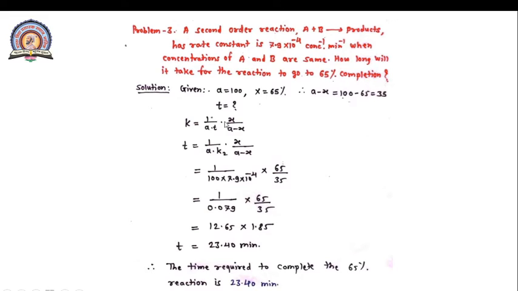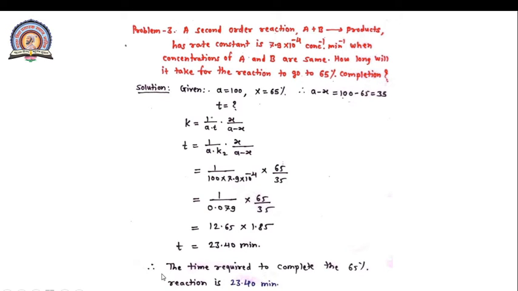And what is time? K is equal to 1 upon A into T into X upon A minus X, and therefore T is equal to 1 upon A into K2 into X upon A minus X. Now all these things are given here, this K2, A, X and A minus X. Put here these values, and then the time required, T, is equal to 23.40 minutes.